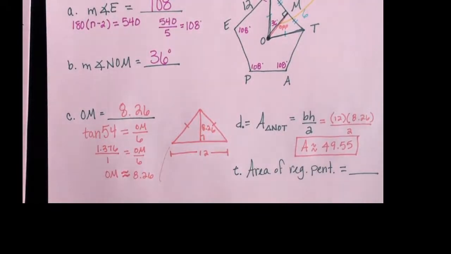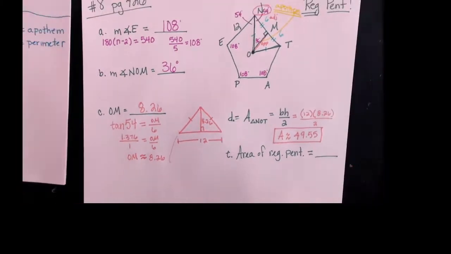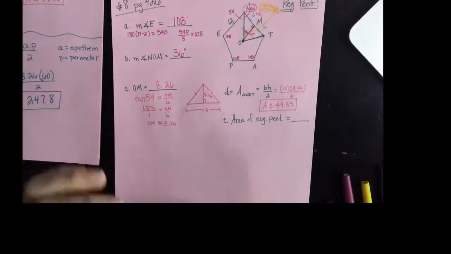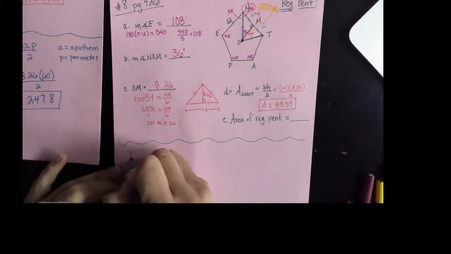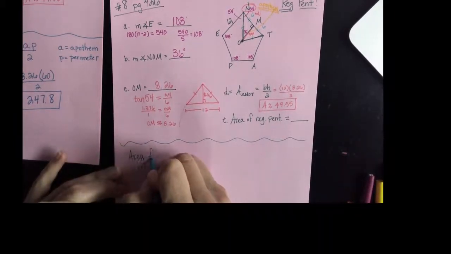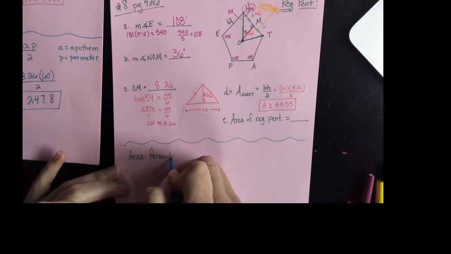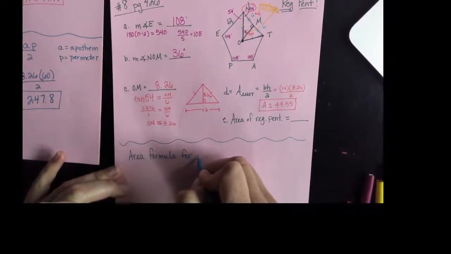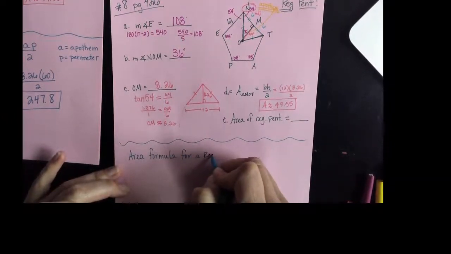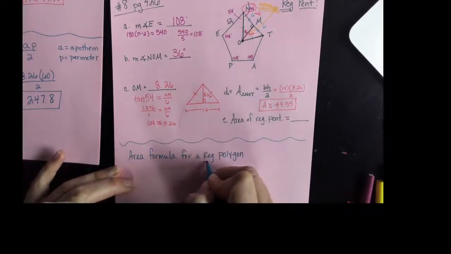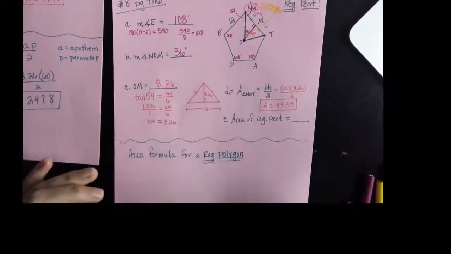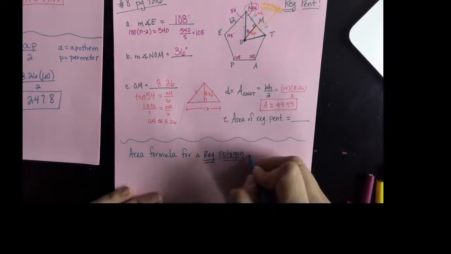What I want to very briefly remind you of is that at the beginning of the year, when we introduced the area formula for a regular polygon. Notice I didn't write pentagon, a regular polygon. So that's any regular polygon.